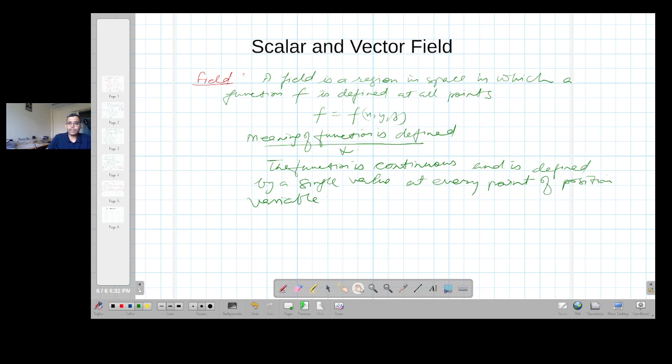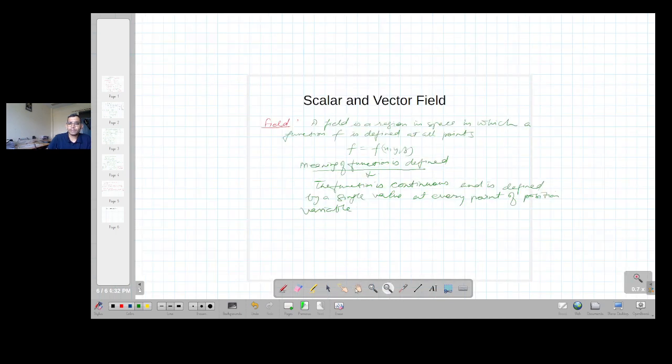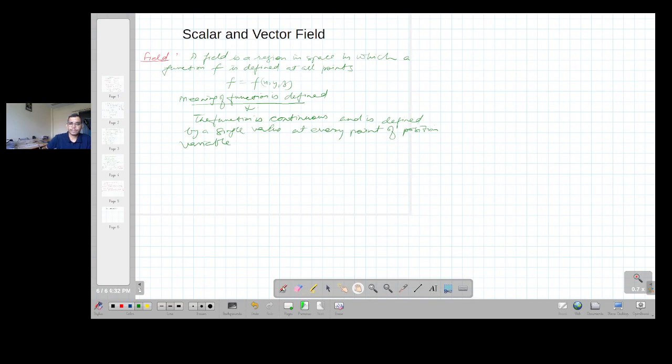And in layman's language, let me talk about the meaning of a field. All of you have heard about the magnetic field. Say there is a magnet. If I bring a magnetic needle near it, then the region up to which it will influence this magnetic needle, say this is the region, is the field of this magnet.